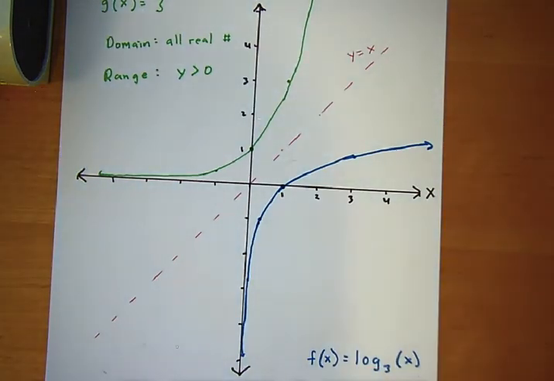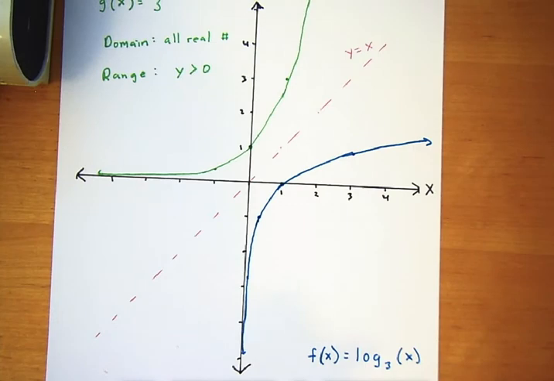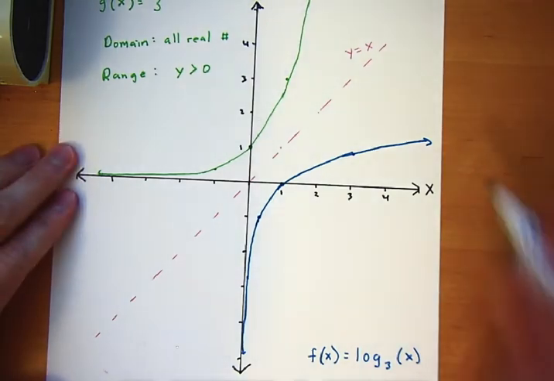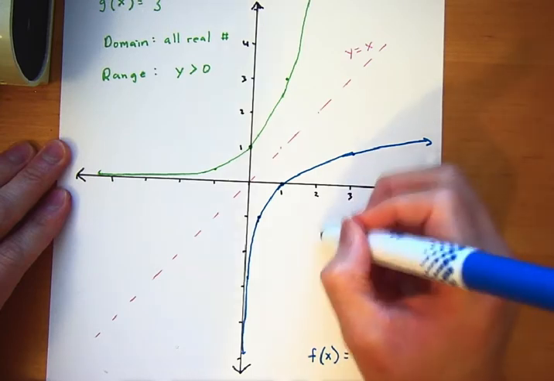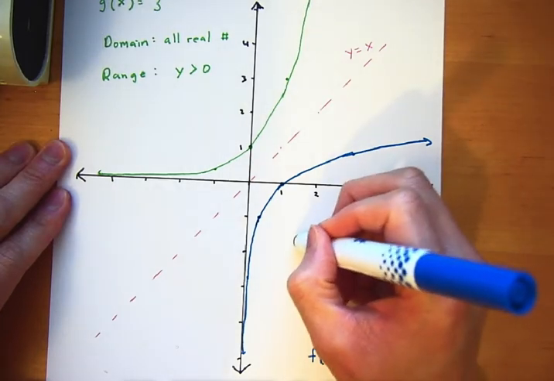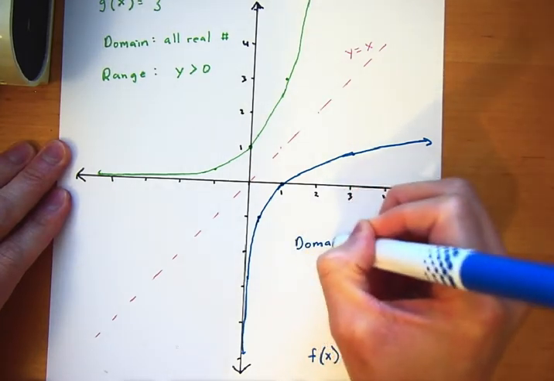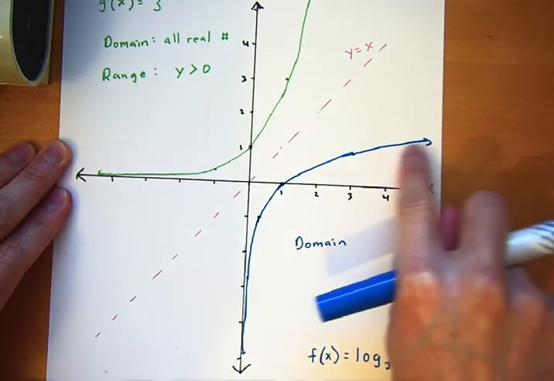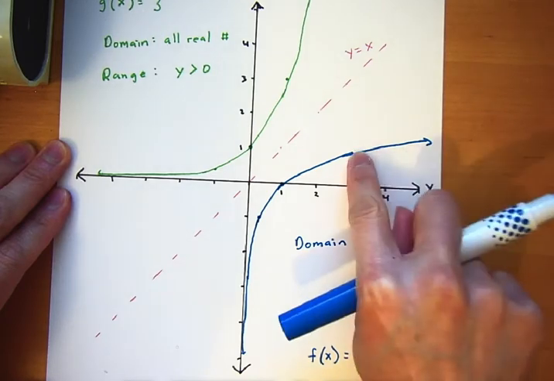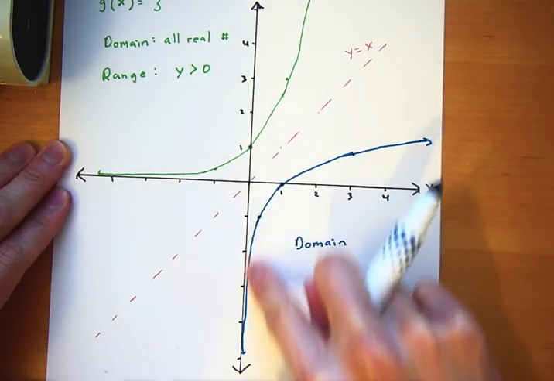For our logarithm, if we're looking at our domain, it goes to the right forever, and going in this way, it's going divide 3, divide 3, divide 3, divide 3, divide 3.